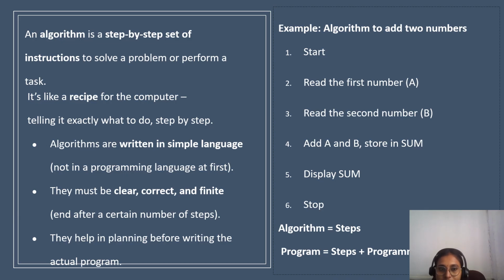The algorithm is a step-by-step set of instructions to solve a problem or perform a task. To be exact, it is like a recipe for the computer, telling it exactly what to do step by step. These algorithms are written in simple language, must be clear, correct and finite, and help in planning before writing the actual program.